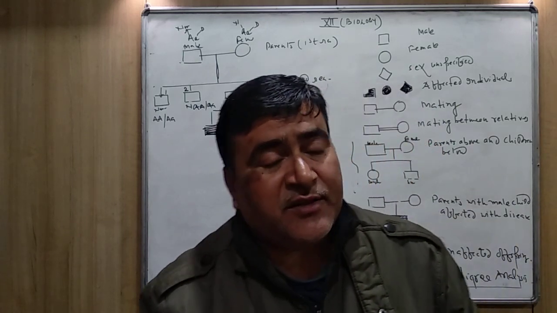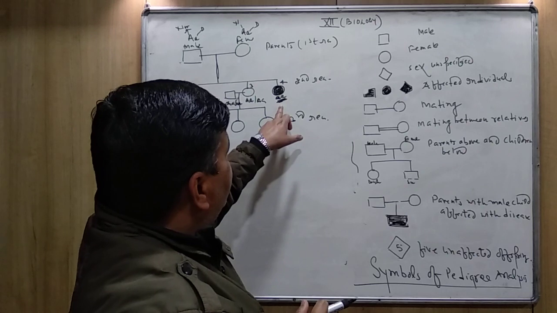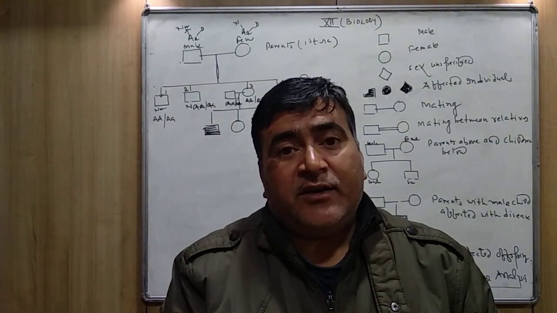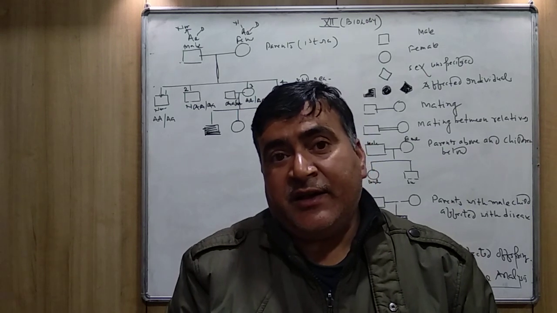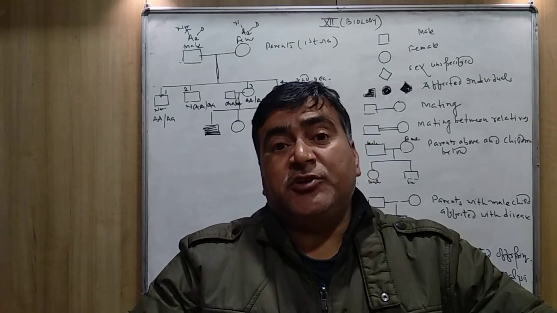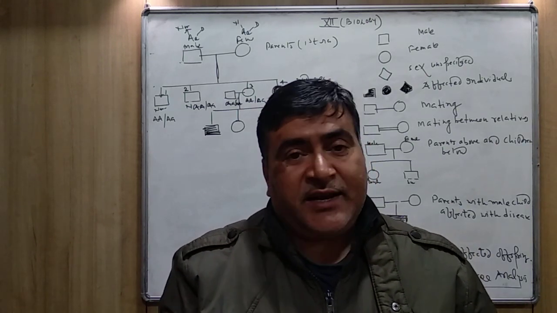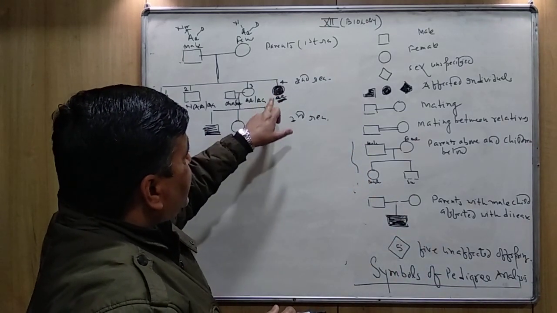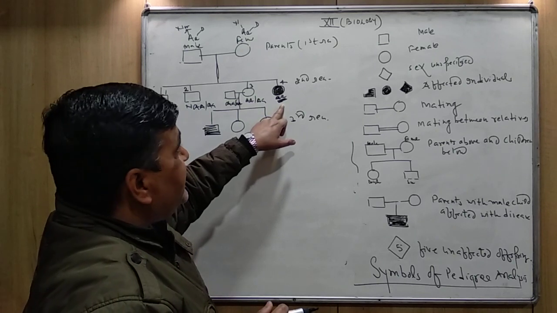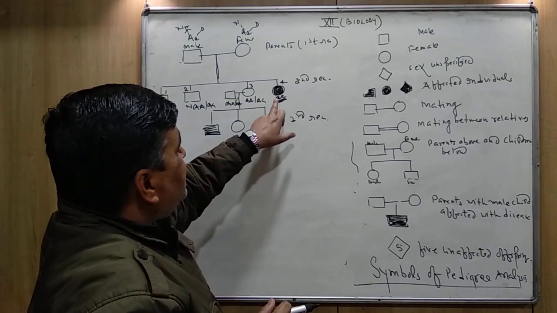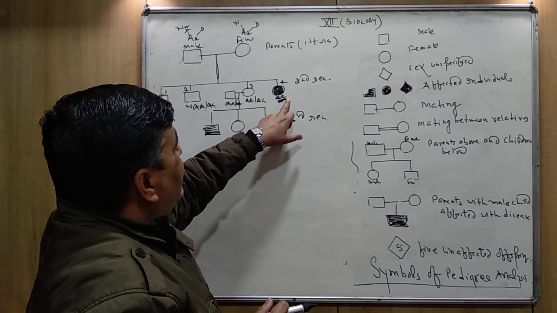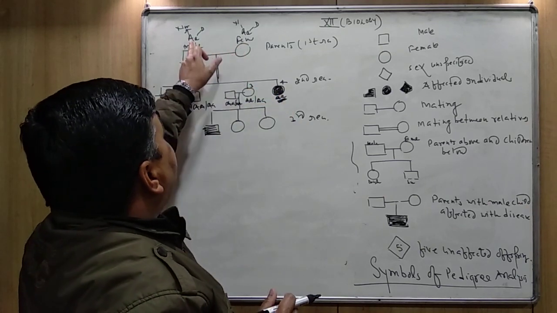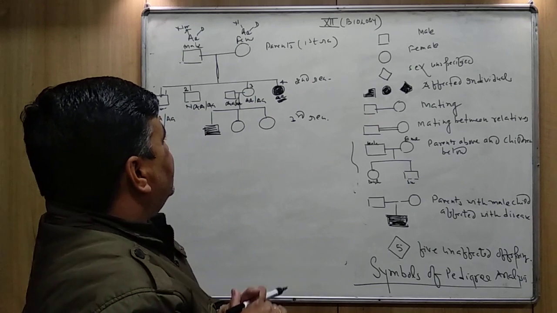It means now, seeing the condition of the daughter, you can identify the genotypes of the father and mother. If the daughter is affected, definitely the genotype is small aa, and on this basis their parents, they are normal, means they are in the heterozygous condition.